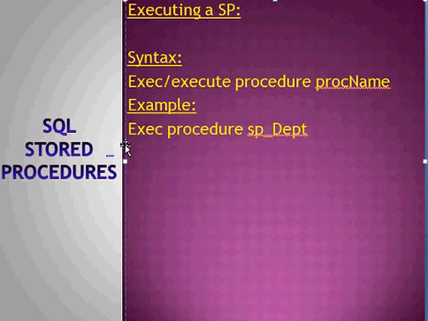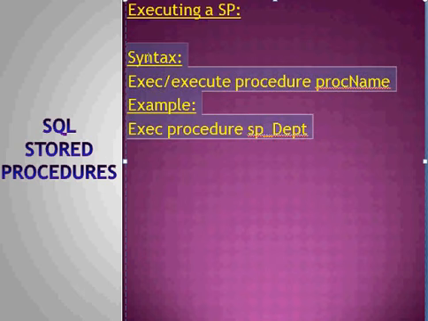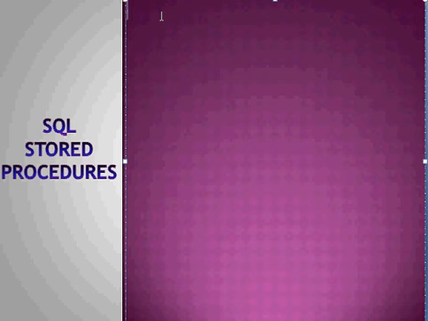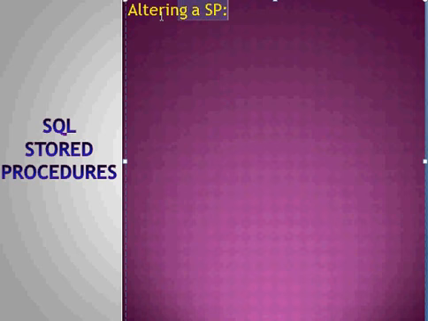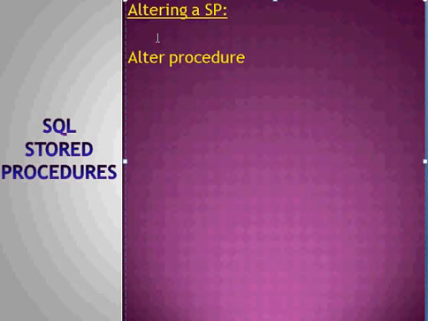If you want to alter a stored procedure, I am going to discuss altering a stored procedure. If you want to modify a stored procedure schema or stored procedure parameters, you can use the alter procedure command.